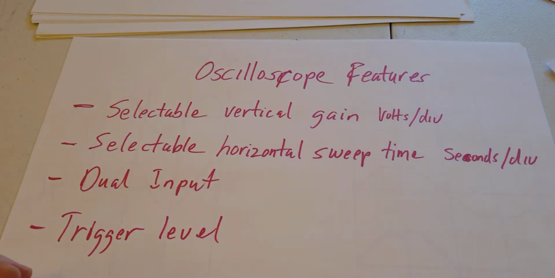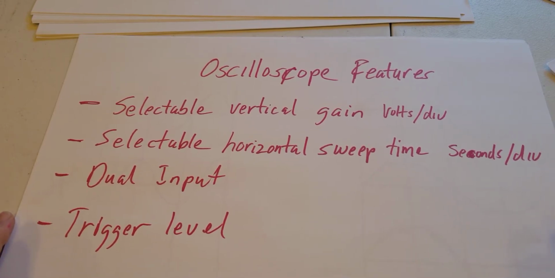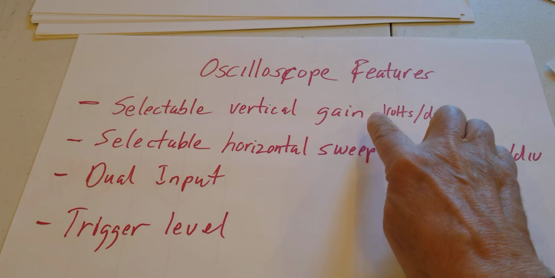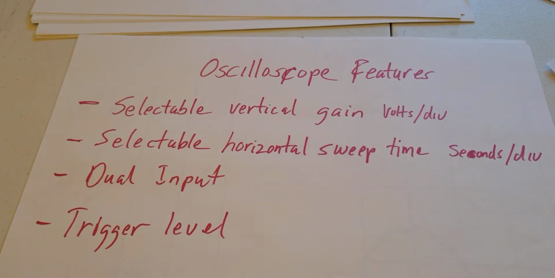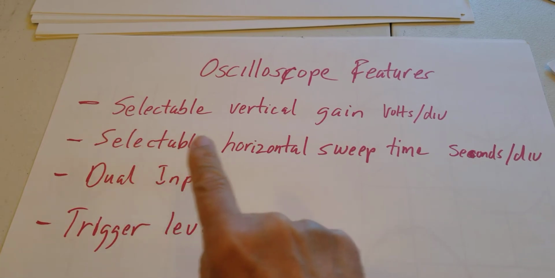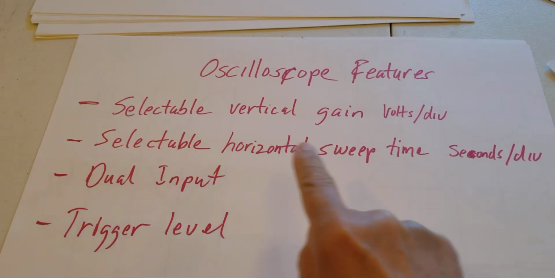Getting back to the oscilloscope, an oscilloscope is a very general concept, but there are certain things that all of them have. If we're talking about a laboratory oscilloscope, they all share these in common. They all have a selectable vertical gain so that you can measure a large variety of voltages. They have a selectable horizontal sweep time, so it goes boom, boom.